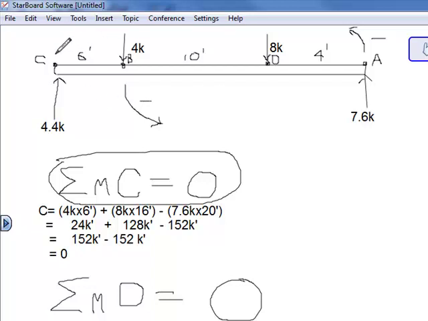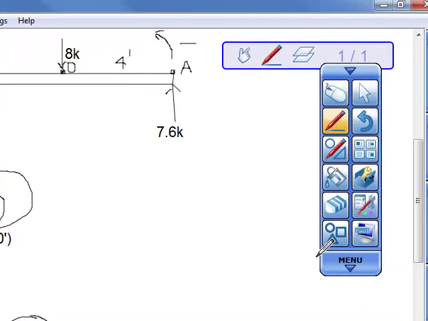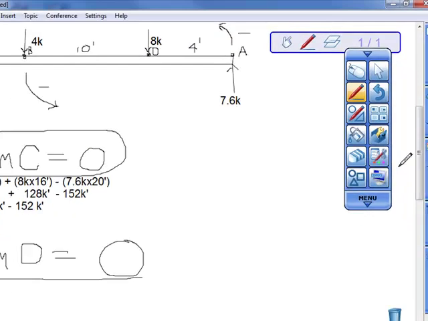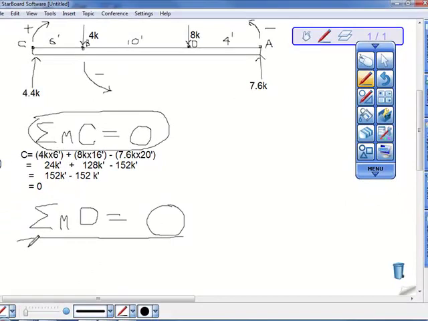And then the 4.4 force going up is going to be a positive moment. So now you got to write it out. D equals, and I want you to figure it out.